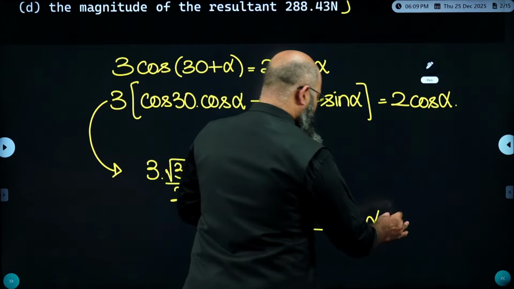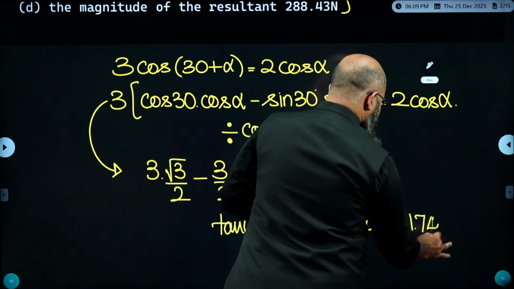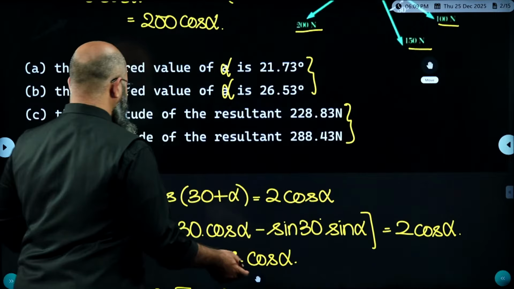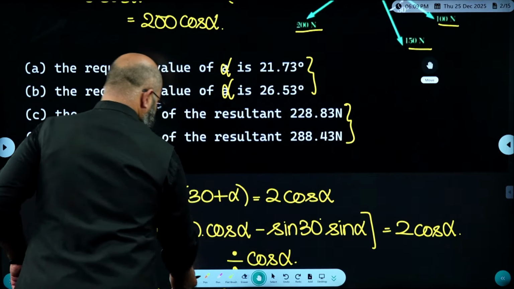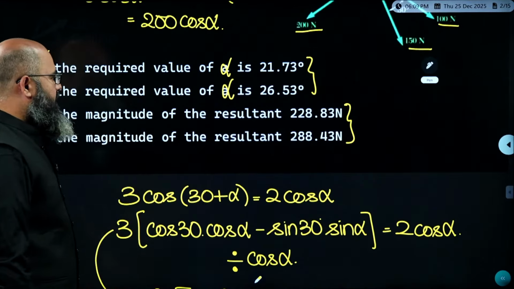If I round off to 2 decimal places, I'll get 21.74 degrees. Comparing with the options, 21.74, 21.73, approximately both of them are same. So you can tolerate that much of difference. One option over here is option A.